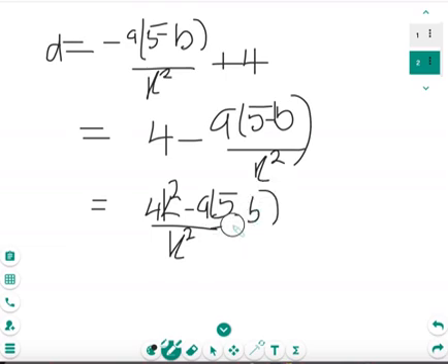Then you simplify the whole thing. You know how to find the common denominator when you want to put two fractions together.